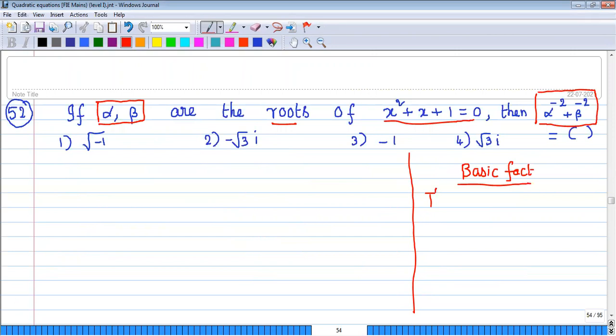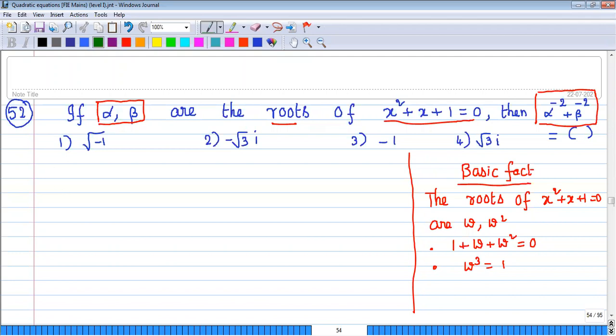The roots of x square plus x plus 1 equals to 0 are omega and omega square. And one more important point, 1 plus omega plus omega square is 0. Next important point is omega cube is equal to 1. With the help of these two, we need to find out this value now.